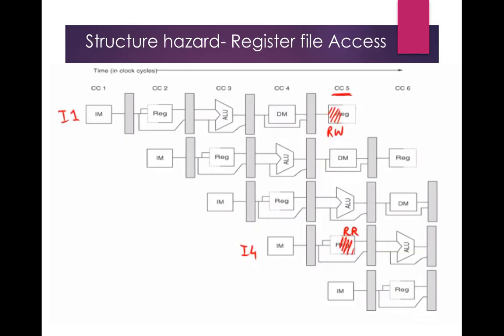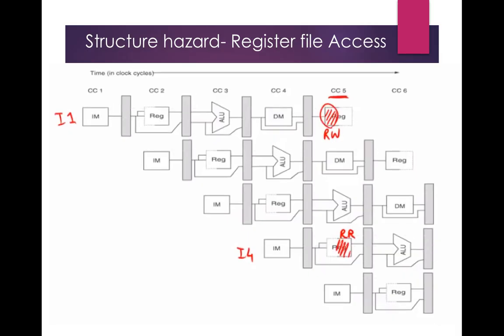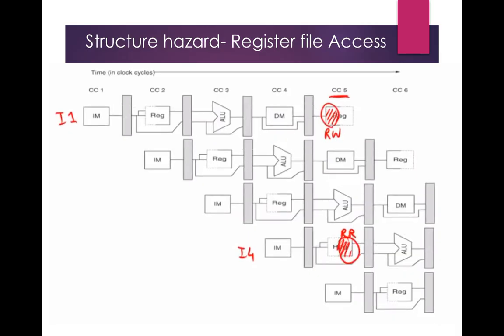During the decode part the register is free, so that is the time we allot for register read. This is how we resolve the resource conflict of register read and write happening in the same clock cycle. Got it? So there is no conflict during clock cycle 5.